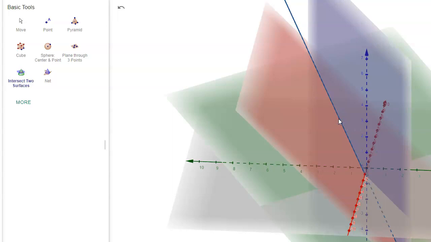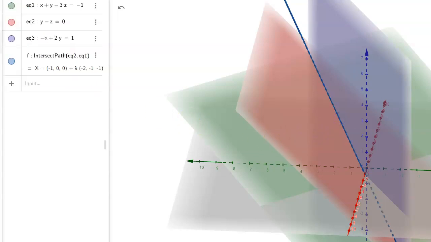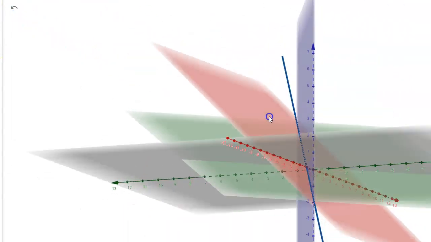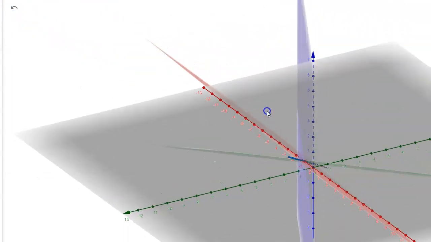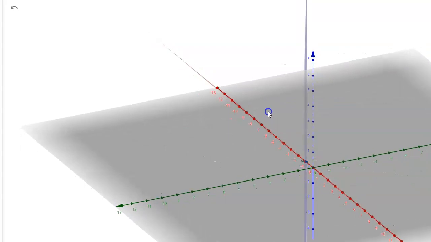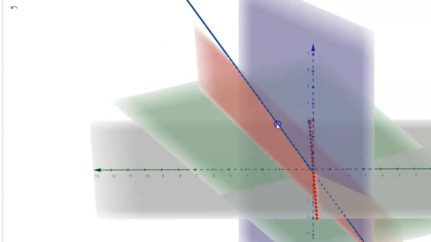There we go. And so now when we look at this, that shaft of that arrow, those three planes all meet on the same line. So you have an infinite number of solutions for those three planes along that line.